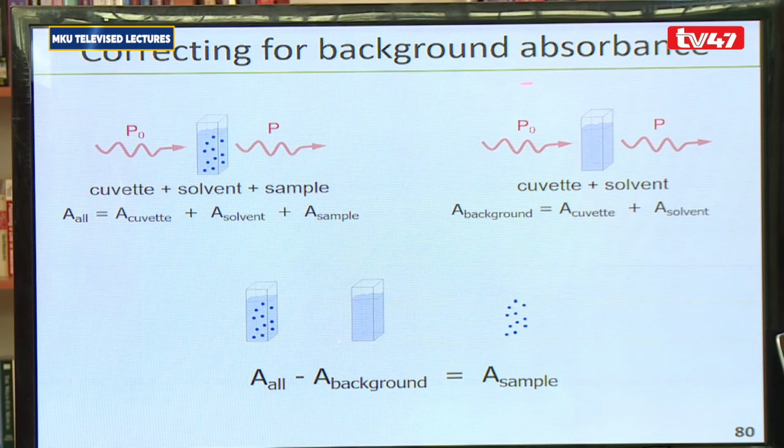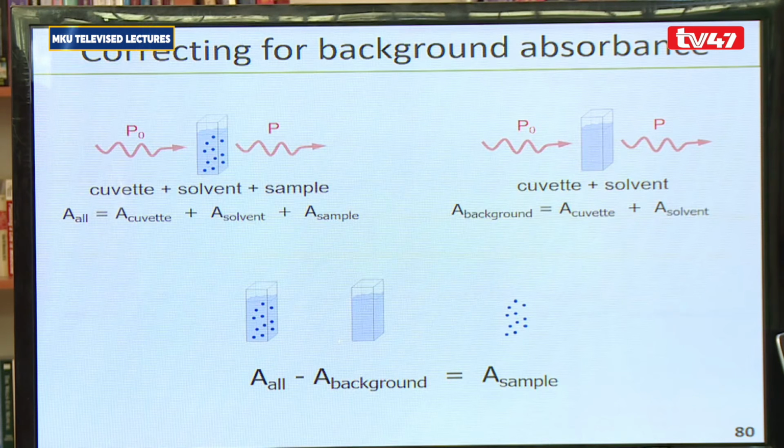Now, there is also what we call correcting for background absorbance. And background absorbance is any absorbance that is not coming from your sample. It might be coming from maybe your solvent or maybe from the cuvette. And the way you do it, you first of all determine the absorbance of everything. That is the absorbance of the cuvette, the absorbance of the solvent that you are using to dissolve the sample, and the absorbance of the sample. And you get the value that we call absorbance for everything, or absorbance all.